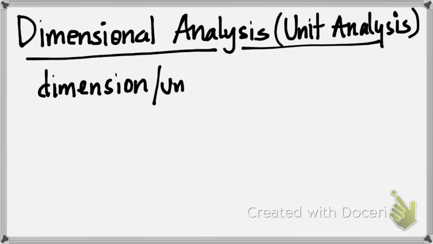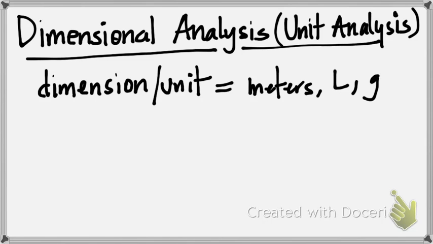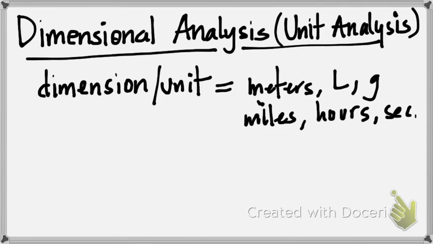means. So, a dimension or a unit, I'm talking about meters, liters, grams, miles, hours, or seconds even, okay? So when you have a number, you're assigning that number a unit to tell exactly what that number is measuring.